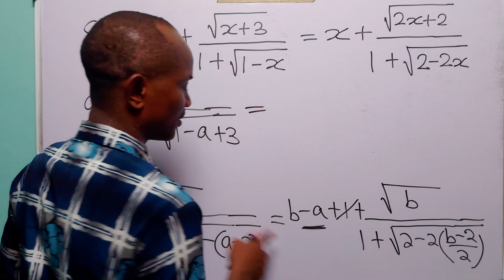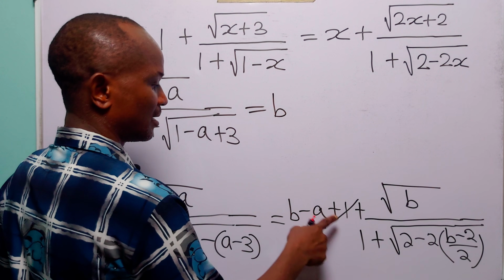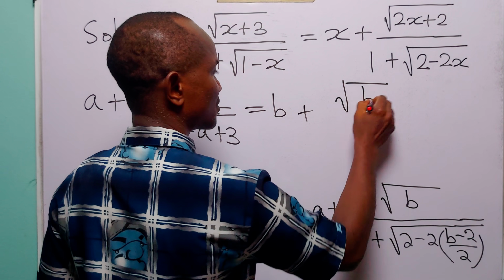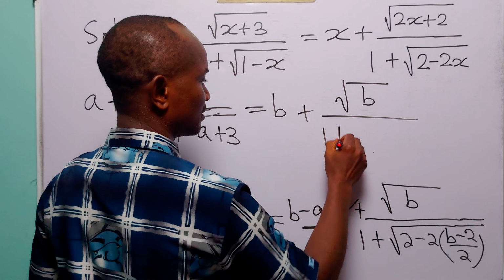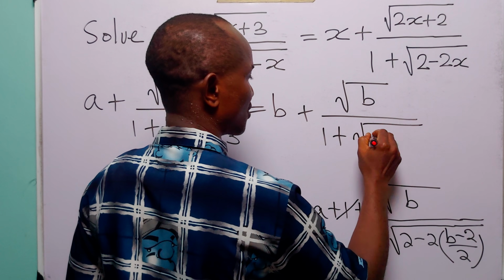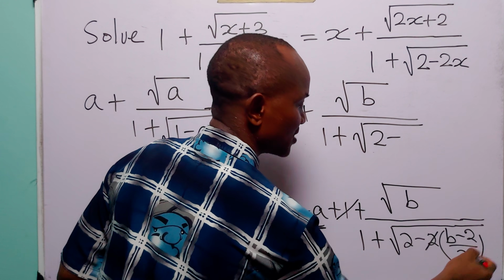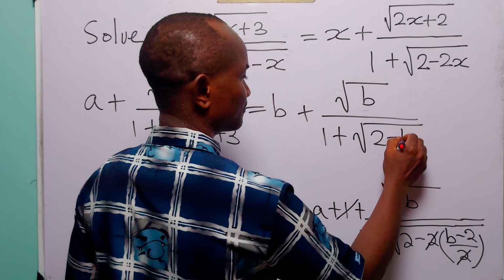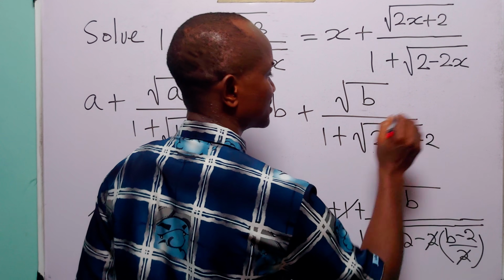Now this is equal to, on the right hand side, we are left with b and plus the square root of b divided by, now we have 1 plus the square root of 2 minus, of course you know that this 2 is going to cancel that, leaving us with minus b and minus minus 2, which is plus 2.